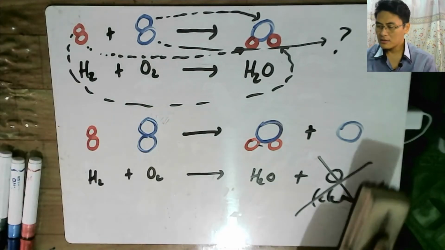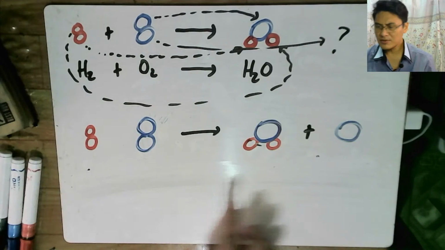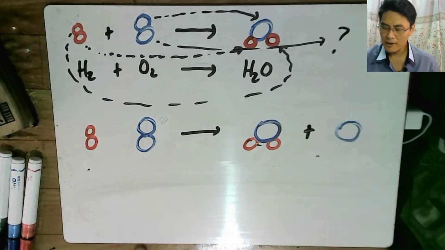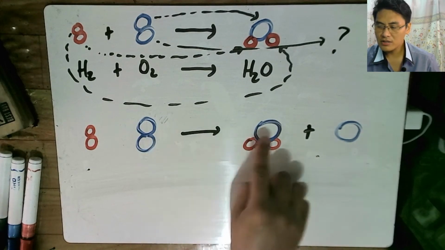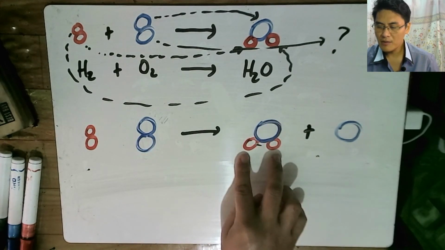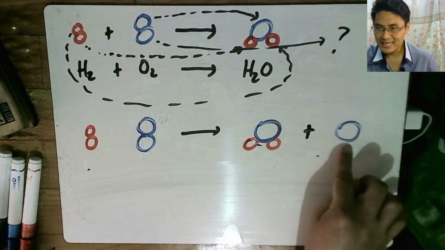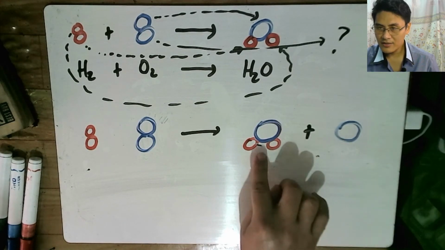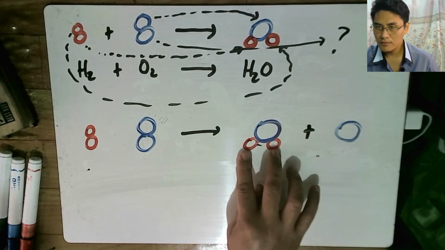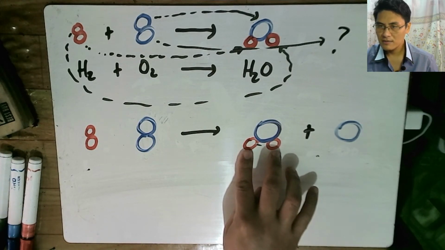And then if you think about it hard enough, it's really easy to fix. You would just say, okay, this oxygen here is able to pair up with two of the hydrogens, right? So therefore, if I'm going to make another like this, I need two more hydrogens, right?